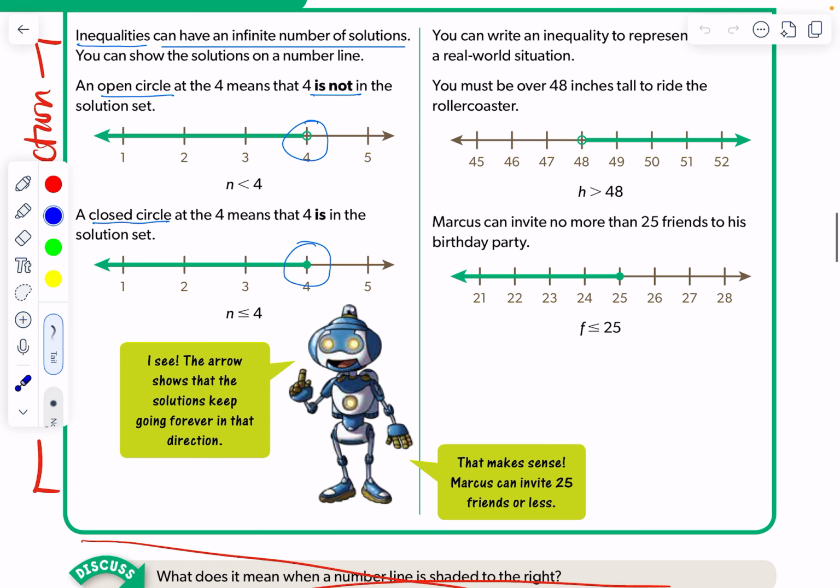And then the arrows that are being used tell us that the solutions are infinite, right? That the solutions keep going forever in that direction, and any one of the numbers that are located within that arrow will work. So I can choose 3.5, I can choose 1.278, I can choose 2, I can choose 3, I can choose 0.675.